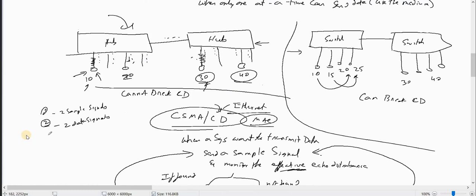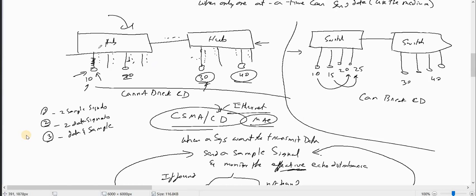And the third possible collision that can happen is between the data signal and the sample signal. They both can collide. The example I was giving you here, like when 10 is transferring the data, at the same time, when 30 wants to transfer the data, 30 will send a sample signal.